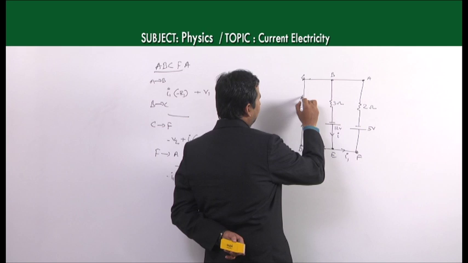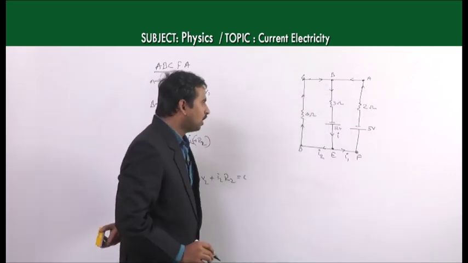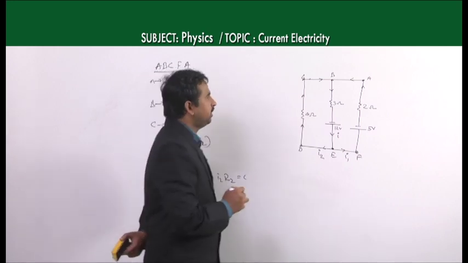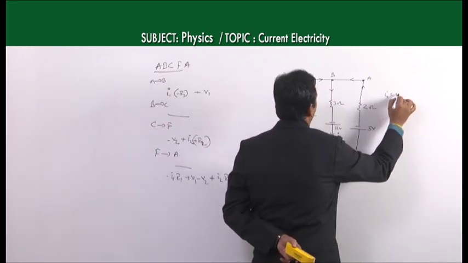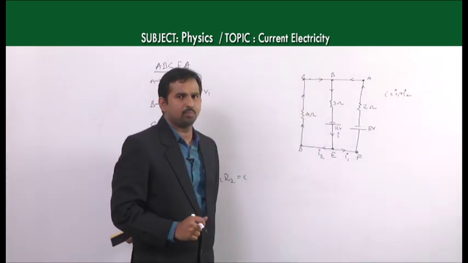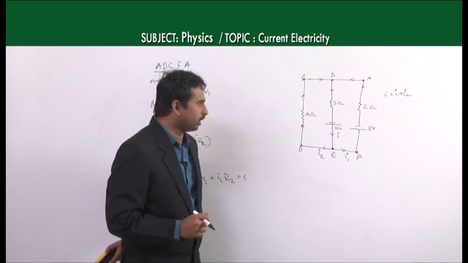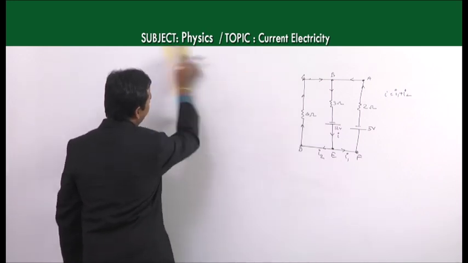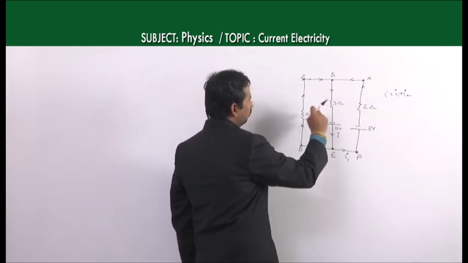The current passes through, comes up here, and again goes inside. I is the total current passing through the 12 volts battery, where I is equal to I1 plus I2. We have a total of 2 small closed circuits: this is one closed circuit and this is another closed circuit.